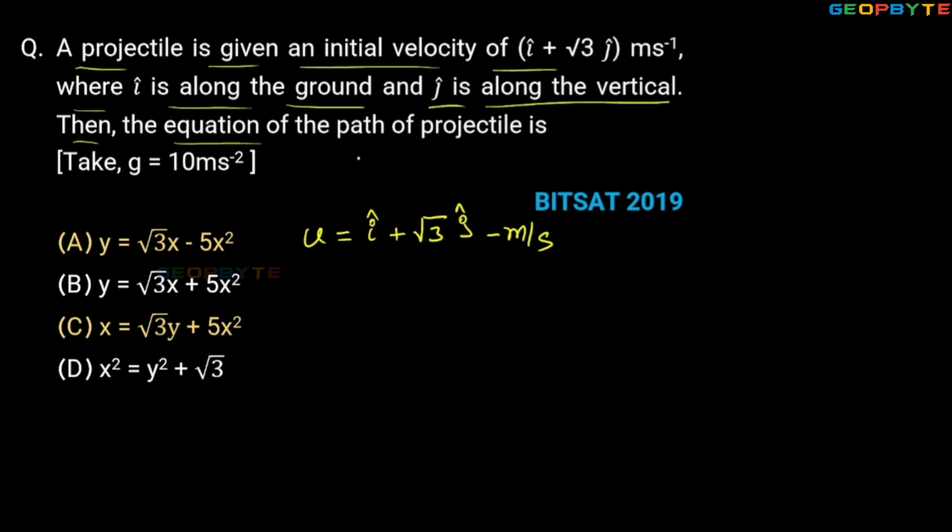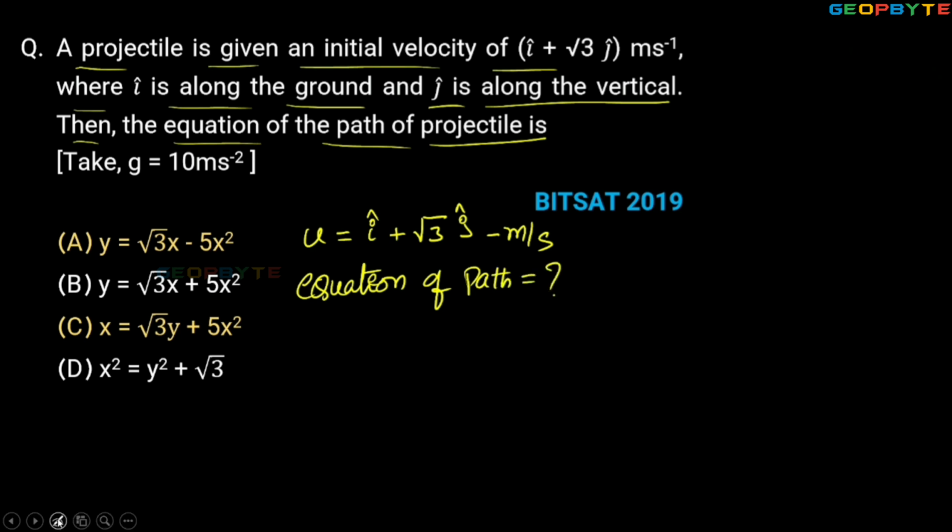Then the equation of the path of the projectile is, you're asked to decide the equation of path. Let me write it. Equation of path is what? That is the question.